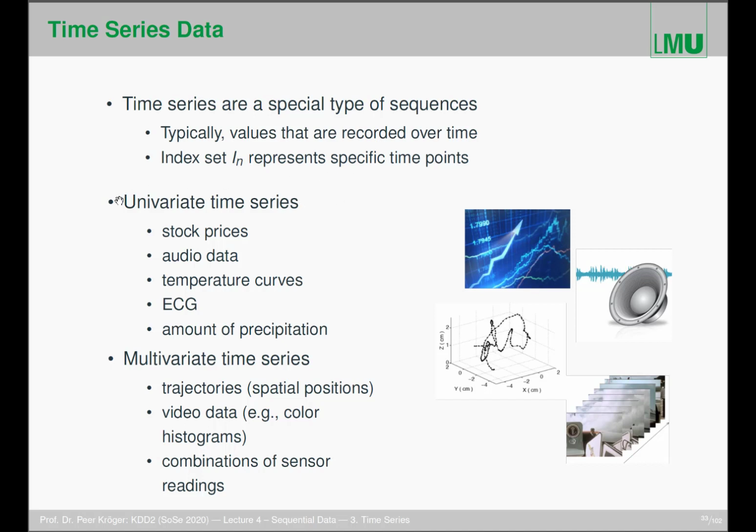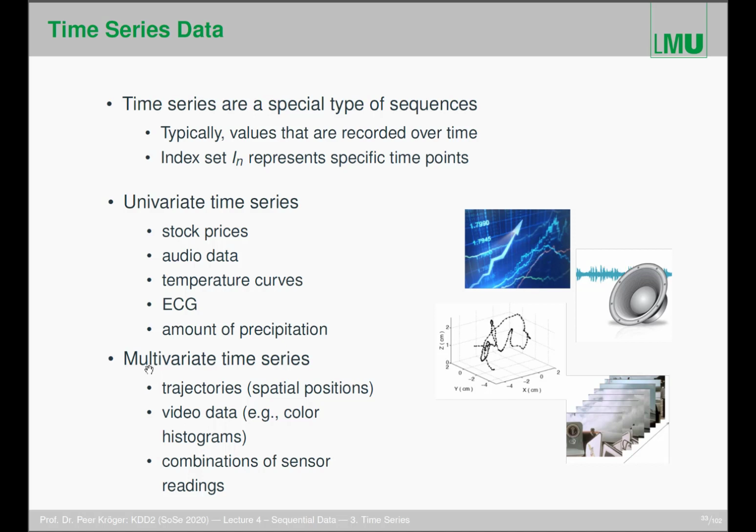And we typically distinguish between simple univariate time series, meaning we just record one value per time. For example, in stock prices, if you have the time series of one specific stock, that is just one value that you record over time, or temperature curves and stuff like that.